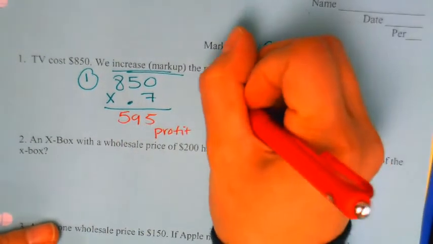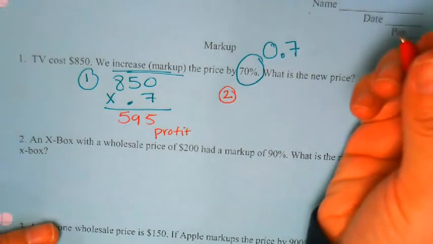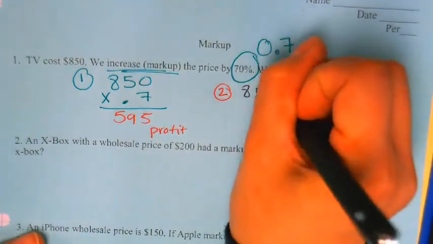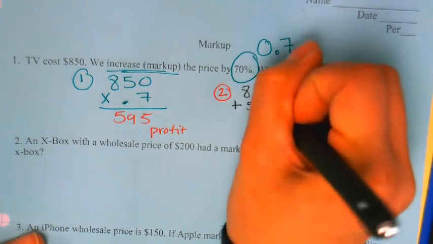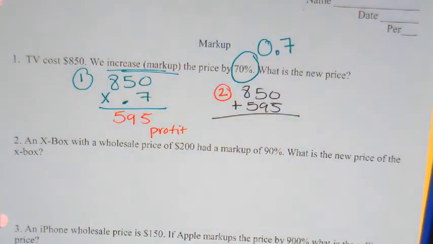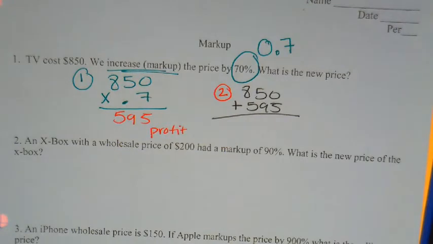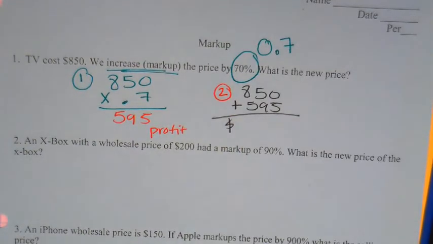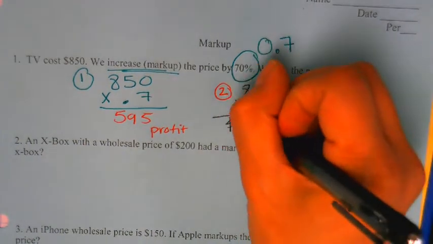Okay, what's our second step? Add 850 plus 595, which is 1,445. So what's the new price? 1,445.